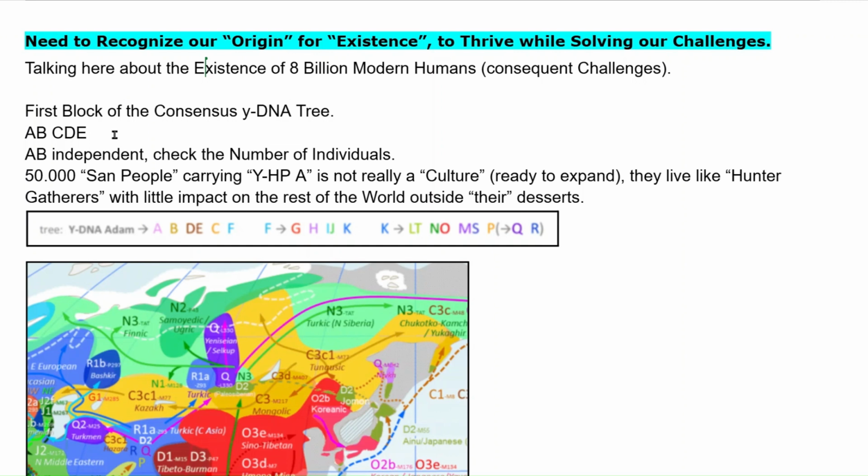So we will talk about the Y-DNA haplogroup tree, and that's here.